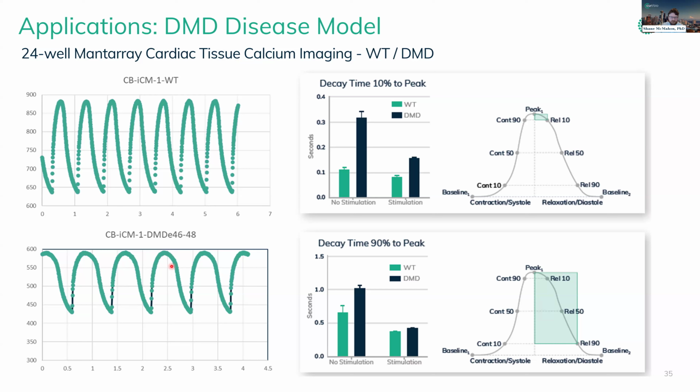We can see a striking difference in the waveform shape, and these differences are most sensitive in the decay time from peak to 10%. We see significant differences in our disease model and wild type, and also in the decay from peak to 90%.